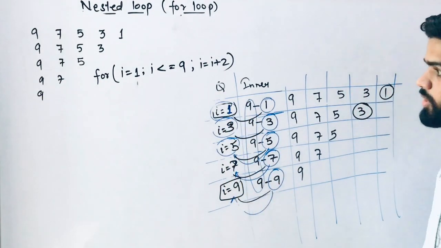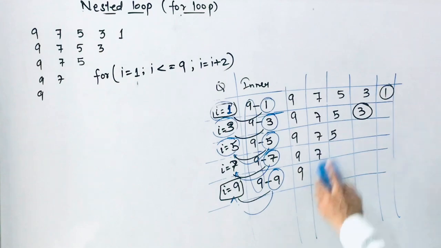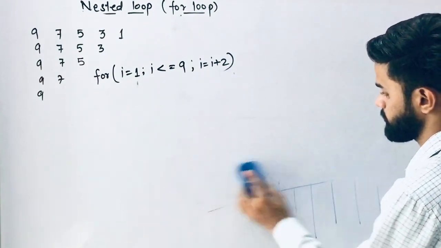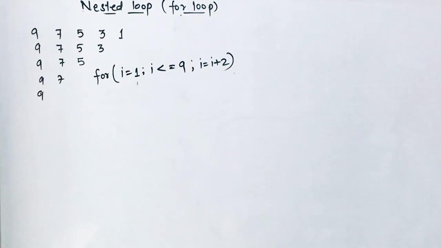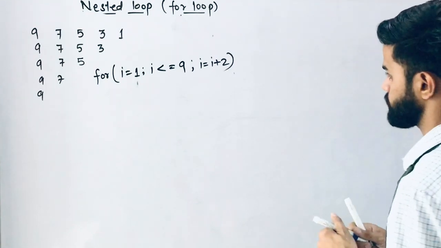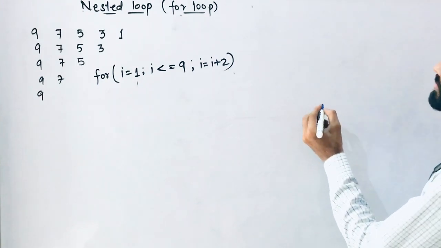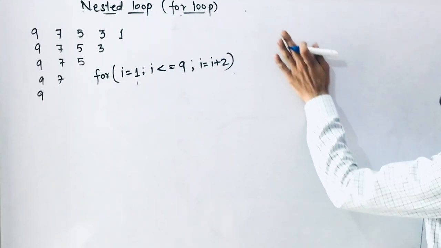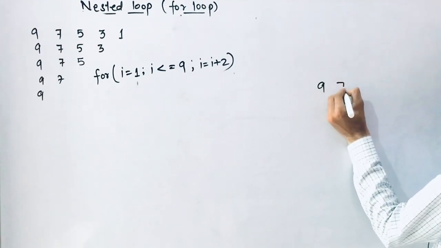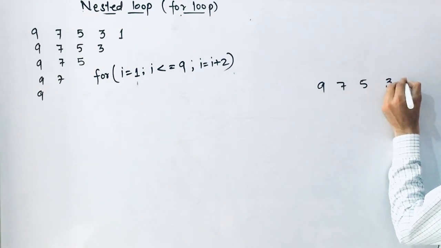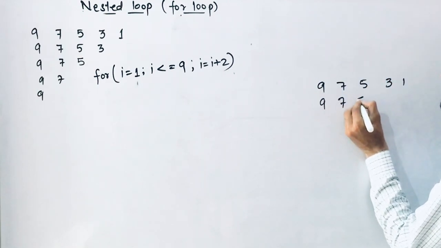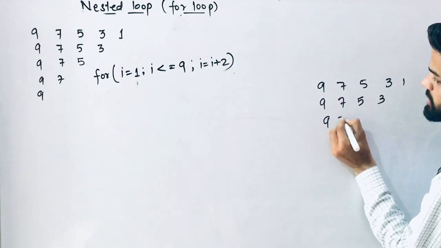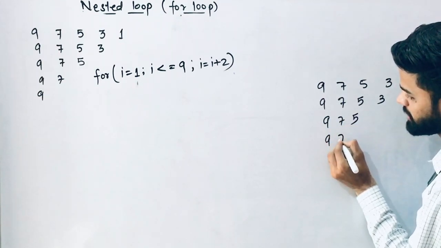Now see how our program runs. First is 9 7 5 3 1, 9 7 5 3, 9 7 5, 9 7, 9.